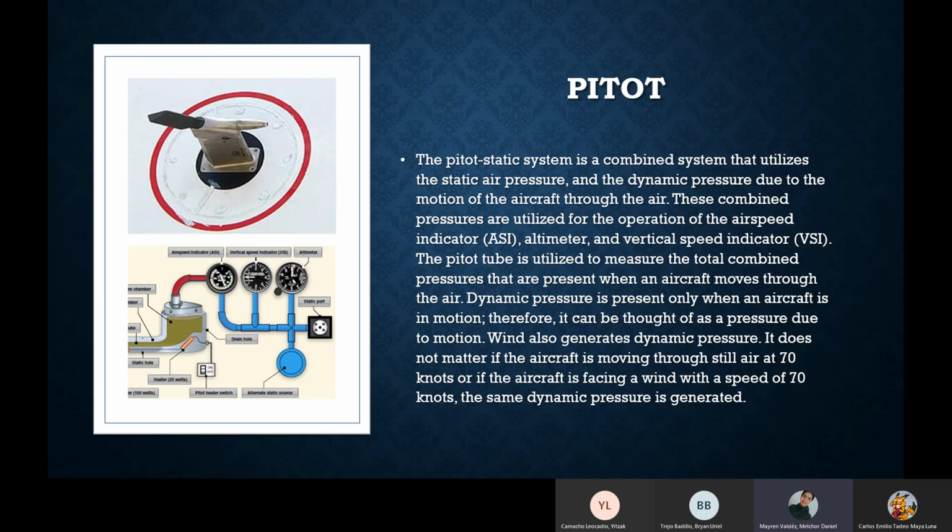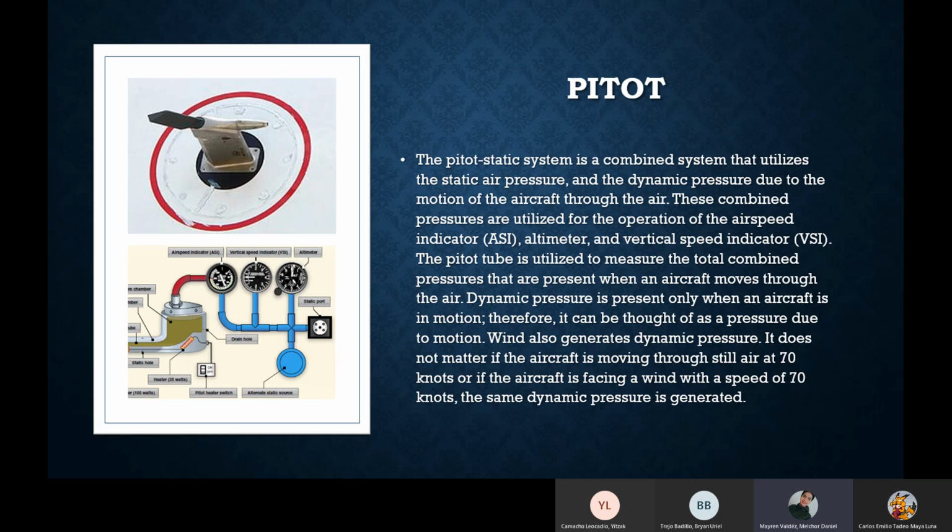Pitot. The pitot-static system is a combined system that utilizes the static air pressure and the dynamic pressure due to motion of the aircraft through the air. These combined pressures are utilized for the operation of the airspeed indicator, ASI, altimeter, and vertical speed indicator. The pitot tube is utilized to measure the total combined pressures that are present when an aircraft moves through the air.